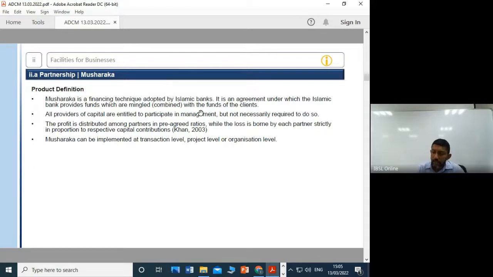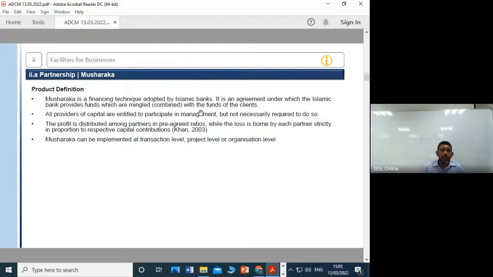The profit sharing ratio is called PSR. Pre-agreed means before the partnership is engaged into, before the partnership starts, the profit sharing ratio is agreed.